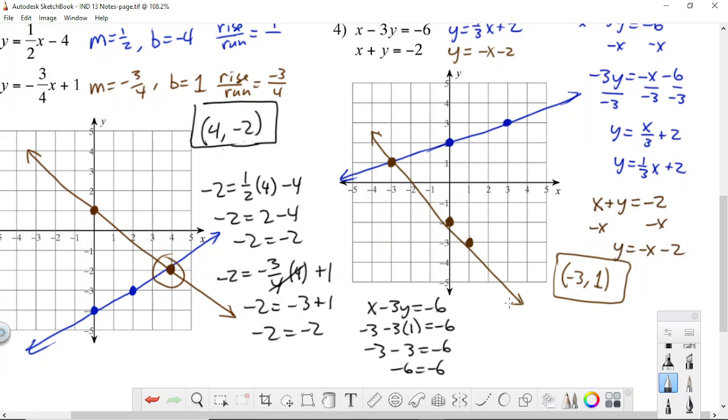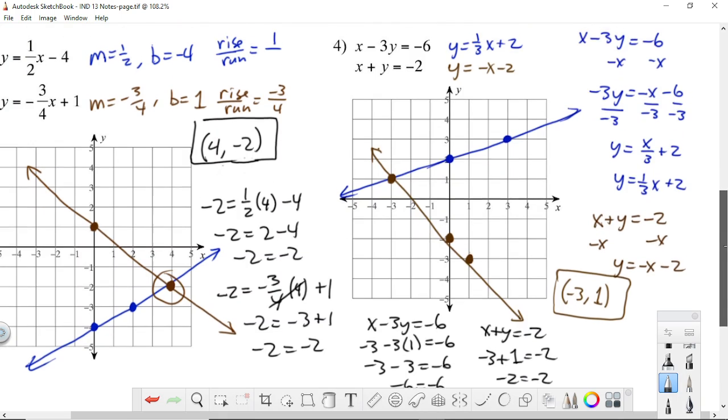So that's true. Looking at the other equation, x plus y equals negative 2. The same point gets plugged in there, right? So negative 3 goes in for x. 1 goes in for y. Negative 3 plus 1. That's negative 2. Perfect. So it checks out.